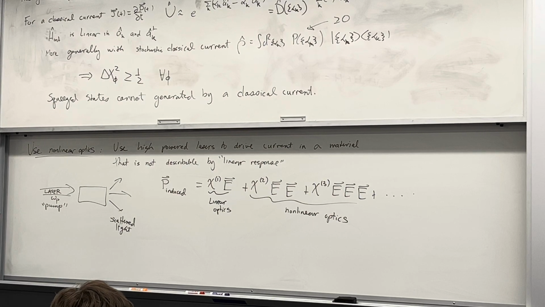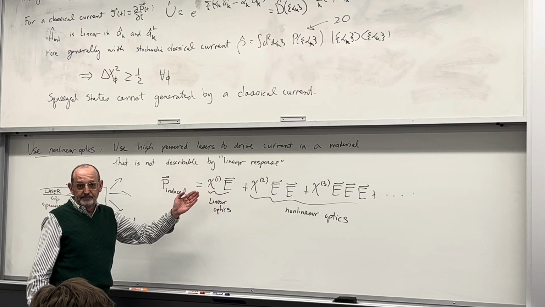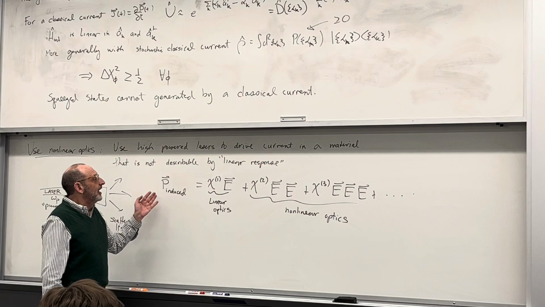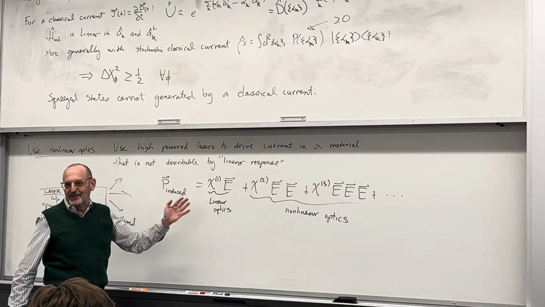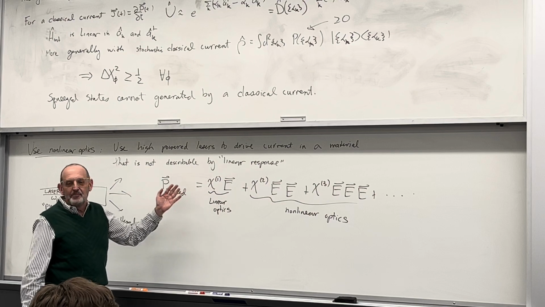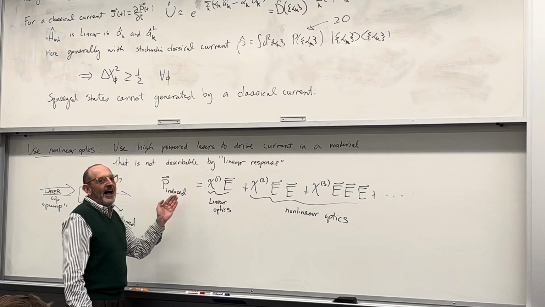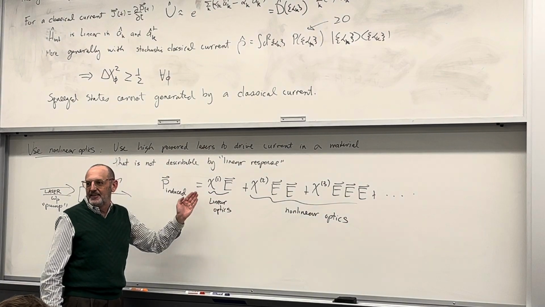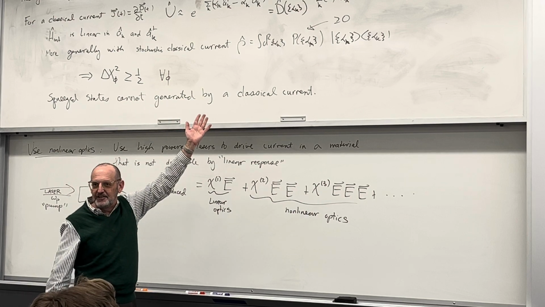If the response were only linear, then I'm not going to in any way drive non-classical current, right? Because photon by photon, I'll have some response, and that will just be some other linear transformation.